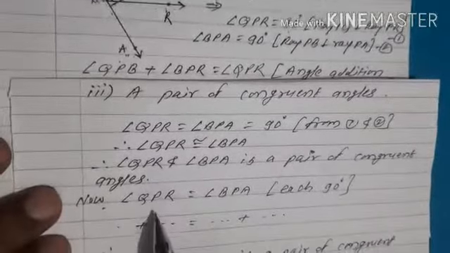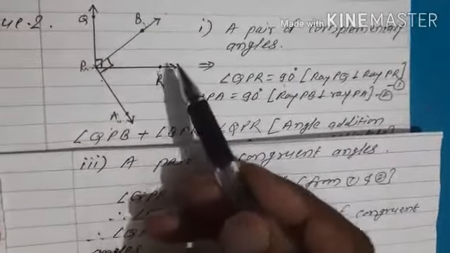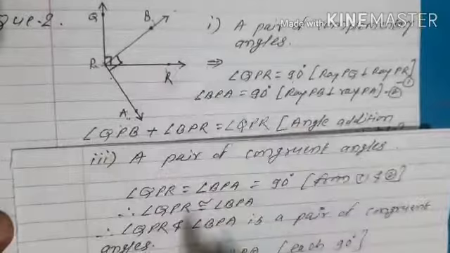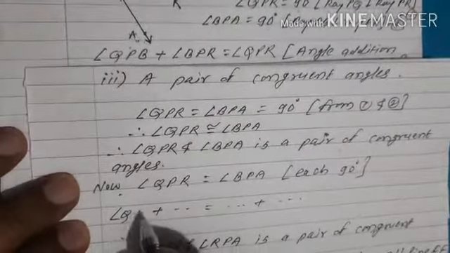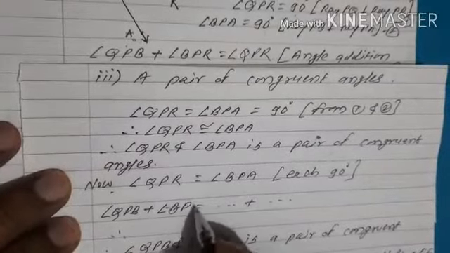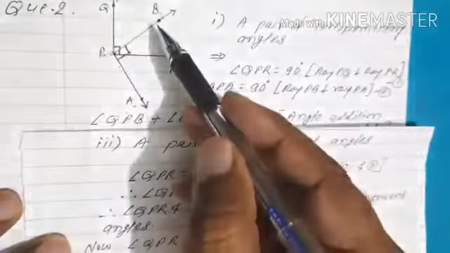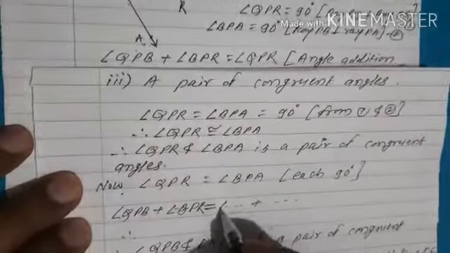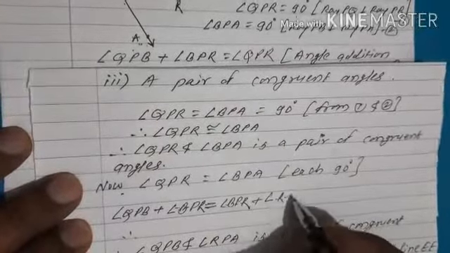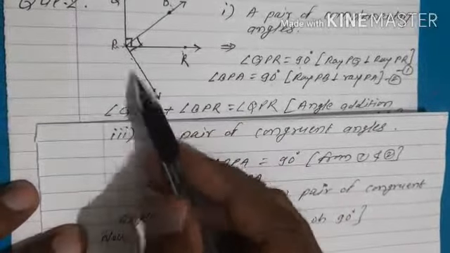Now, angle QPR is equal to angle BPA. From the figure, angle QPR by the angle addition postulate, you write in this way, angle QPB plus angle BPR. Hence I write here angle QPB plus angle BPR is equal to angle BPA, which you write in this way, angle BPR plus angle RPA.